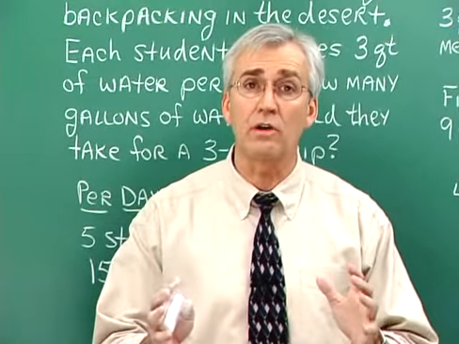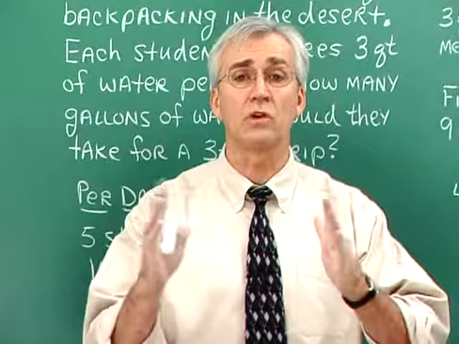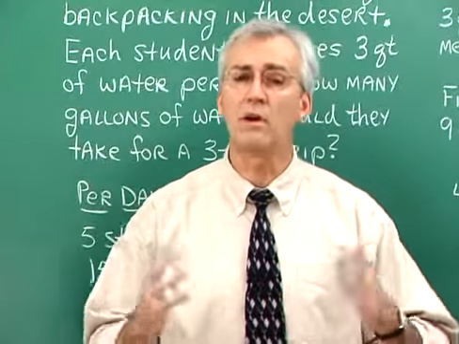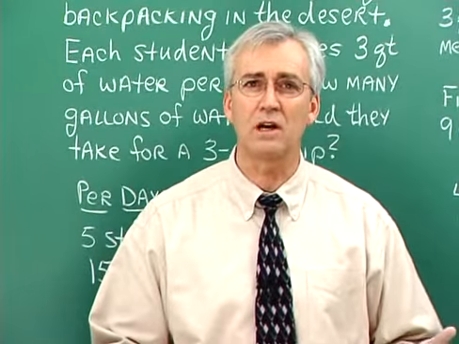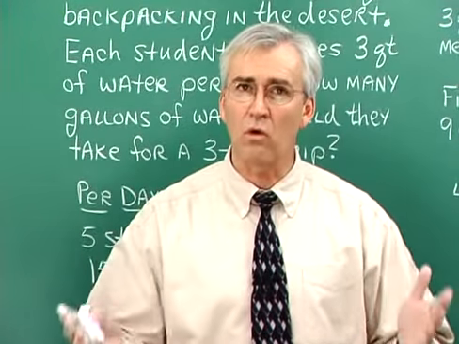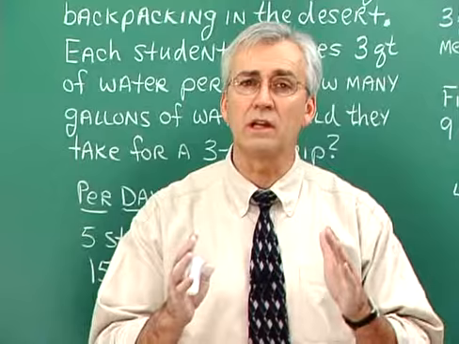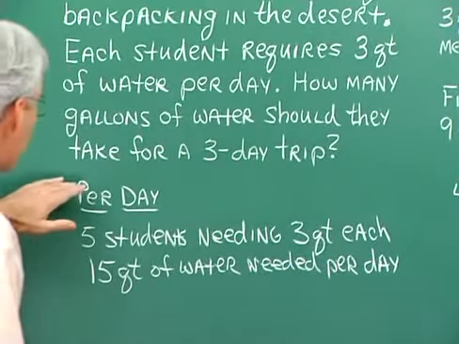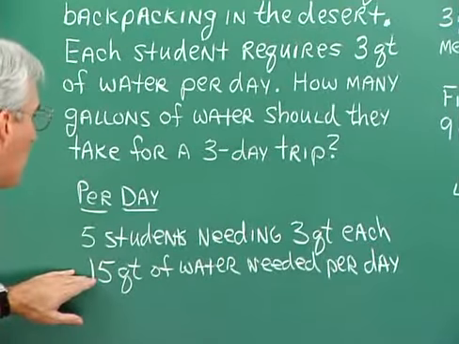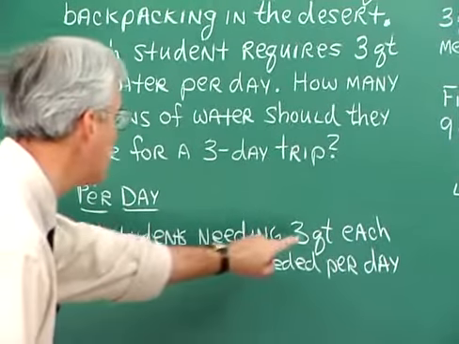You know exactly where you are if you associate the numbers with words. So you want to put a label on the numbers. When the problems get more complicated, you deal with those complications by greater organization. And that organization includes putting labels on numbers like this. So we're at the point where every day we need 15 quarts of water. So 15 quarts of water is needed per day.